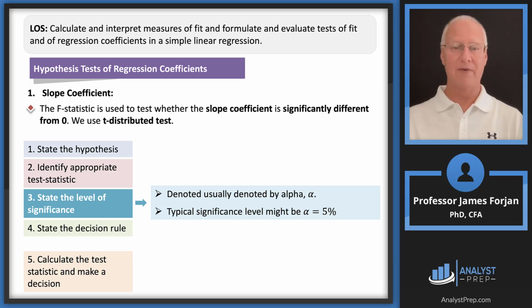But the alpha, which is a measure of this level of significance, could be 1%, it could be 0.5%, it could be 3%, although I don't think I've ever really seen a 2 or a 3 or a 4. There's nothing interesting about 5. It just happens to be 95%. People like to be 95% confident in something. Rarely have I seen 10%, and I've never seen 20% or 50% or 80%.